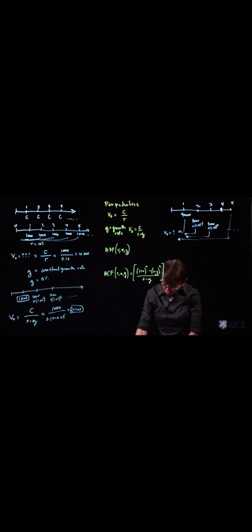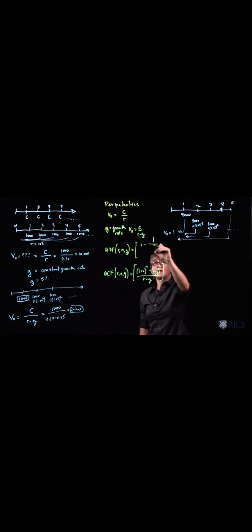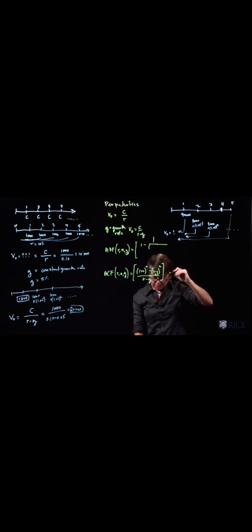Well, that's going to be 1 minus, let me write it this way, 1 plus r to the n divided by 1 plus g to the n, divided by r minus g.